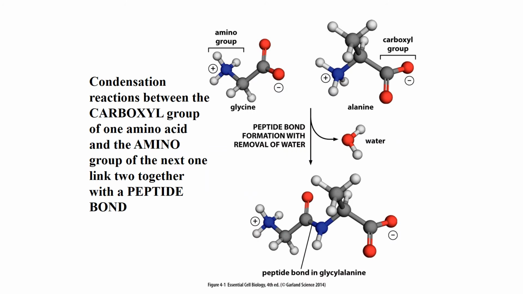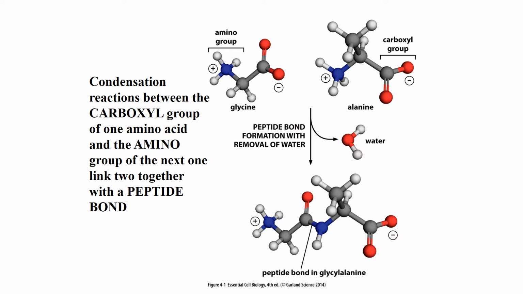In order to link two amino acids together, we need to look at not just the unique R groups, but also their common groups, common to all amino acids. Notice that both glycine and alanine at the top of the page have an amino group, positively charged, and a carboxyl group, negatively charged.